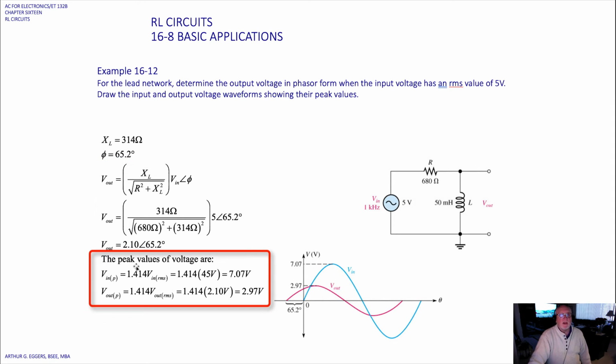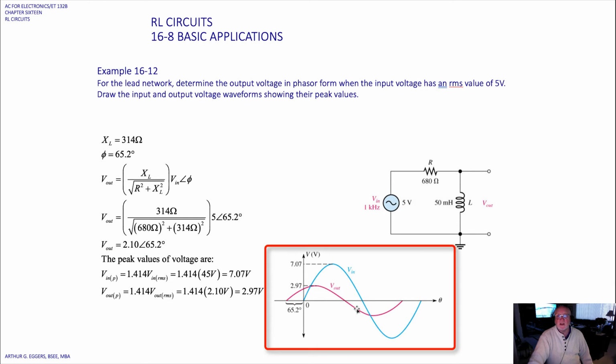So the peak values of the voltages, we rely back on our RMS conversion: 1.414 times V in RMS. So 1.414 times 0.707 gives us 1, and for V out, 1.414 times V out of 2.10 gives us 2.97.